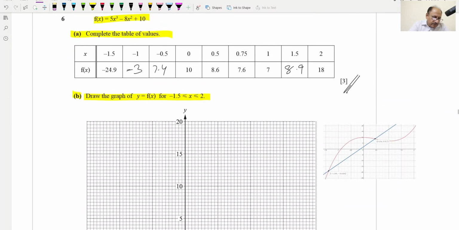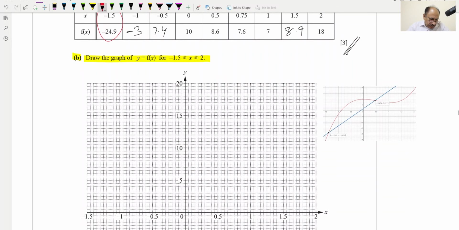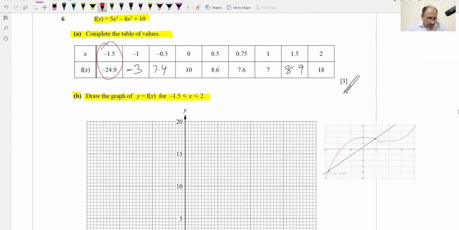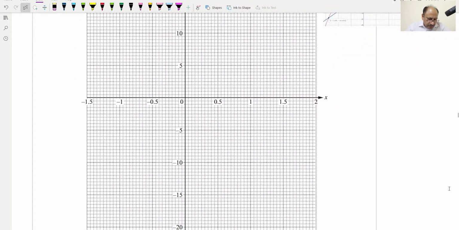First value is minus 1.5 and minus 24.9. So minus 24.9 will be this value which we have indicated, and the second value is minus 1 and minus 3.